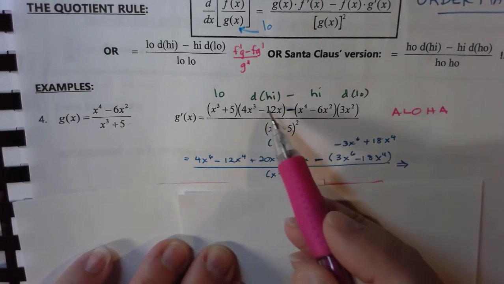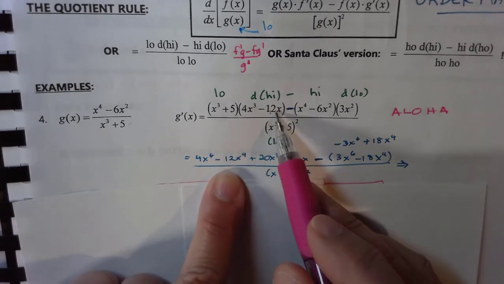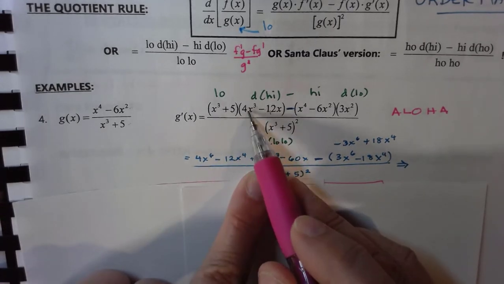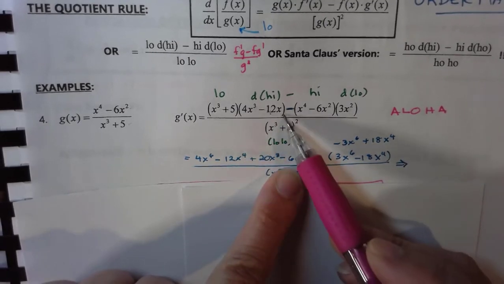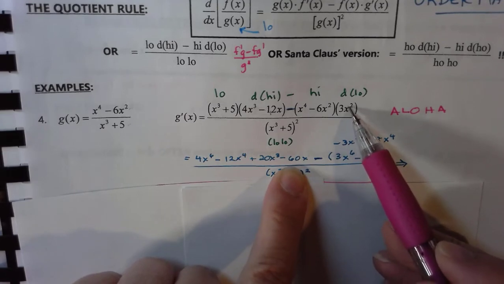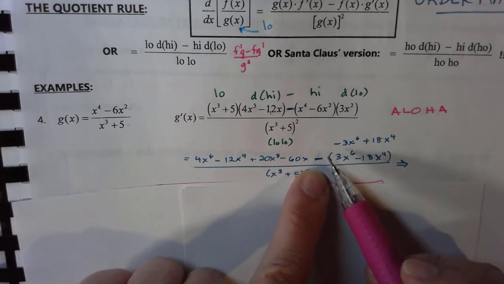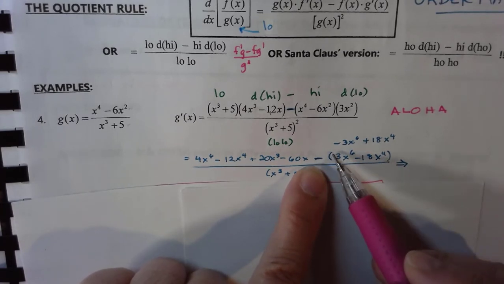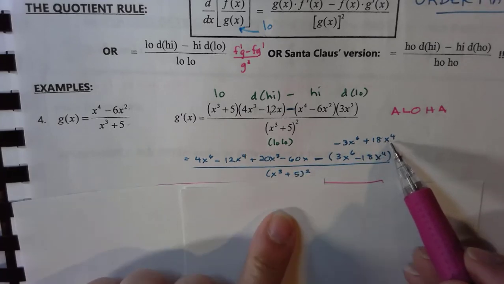If I FOIL this, we get 4x to the sixth minus 12x to the fourth plus 20x cubed minus 60x. Now that's that part. Here we're going to distribute a 3x squared over this, leaving it all behind the negative sign. And when we distribute the negative across, we get negative 3x to the sixth plus 18x to the fourth.